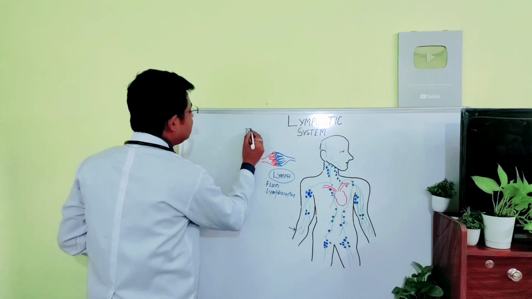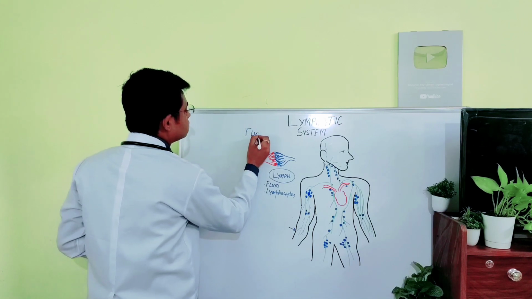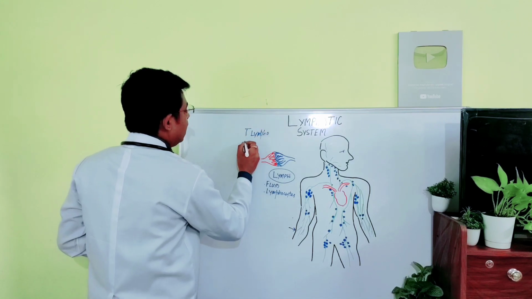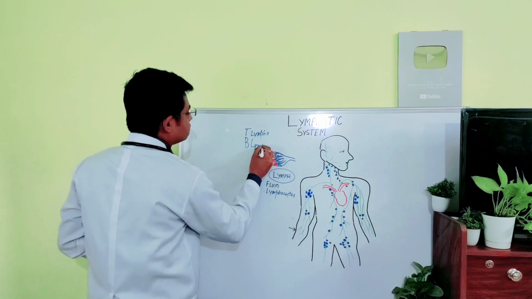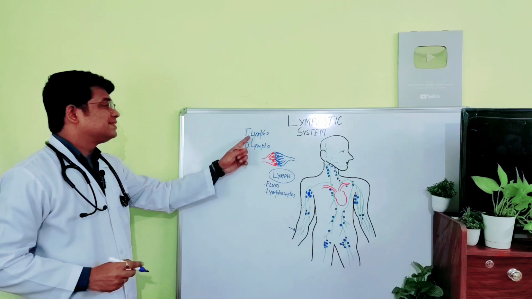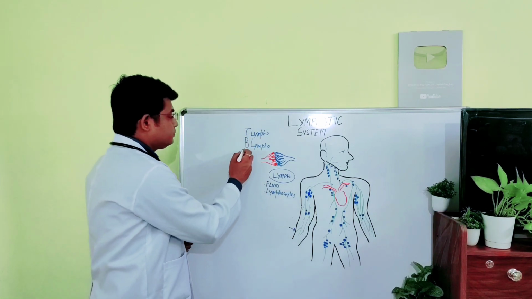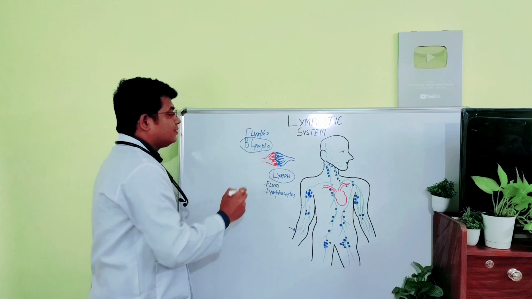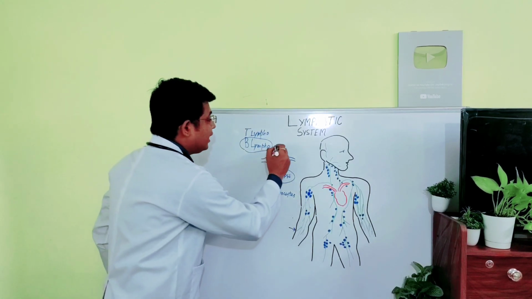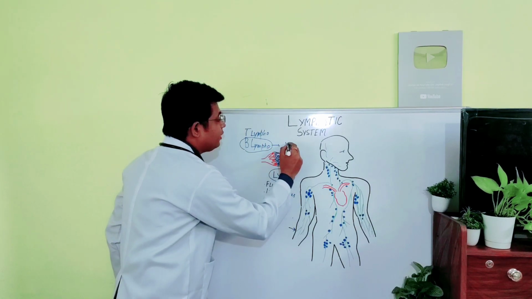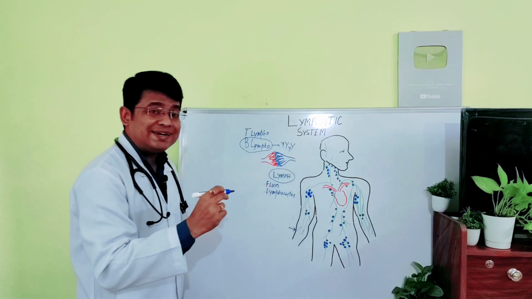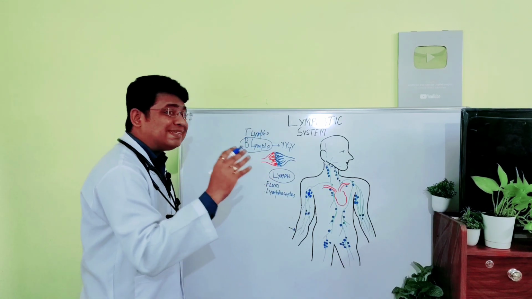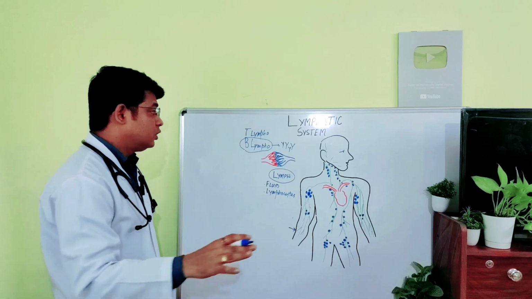One is the T lymphocyte and another is the B lymphocyte. The B lymphocyte produces different antibodies within our bodies, and the T lymphocyte is concerned with cellular killing of the organisms.